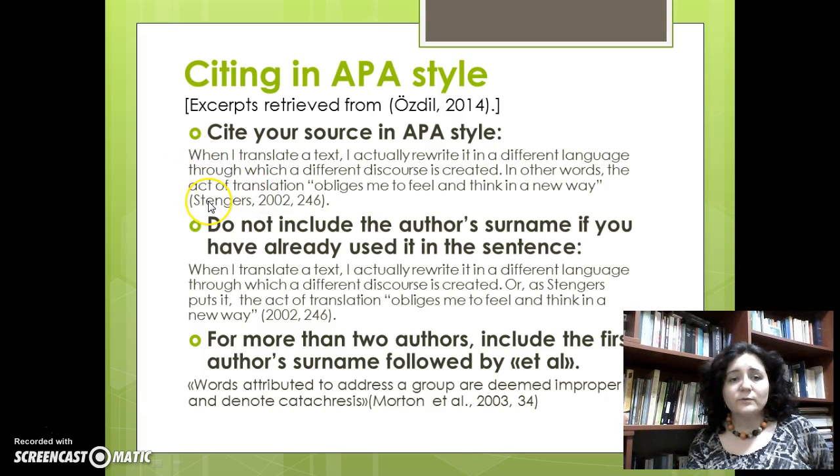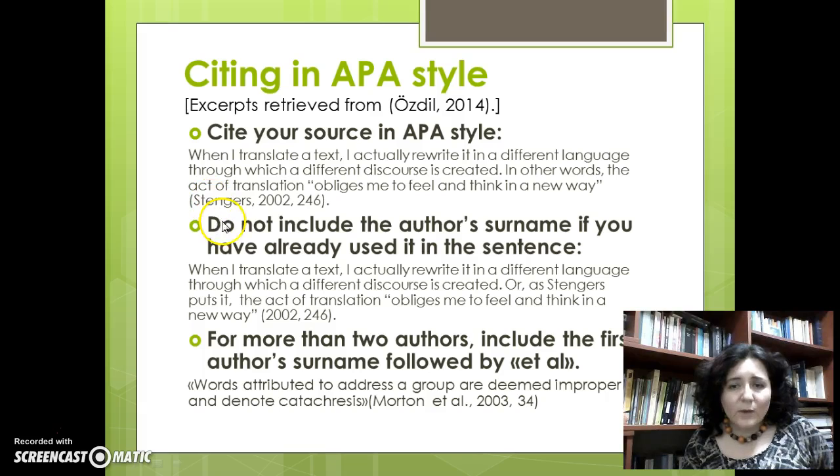Her quotation is from the book of Stangers, and she has directly quoted a part of Stangers' text. And then she gives the in-text citation. As I mentioned before, it is just the surname of the writer, the publication year, and the page number.